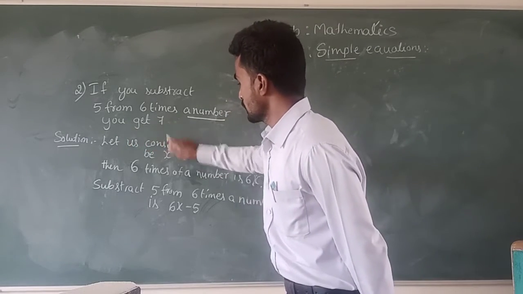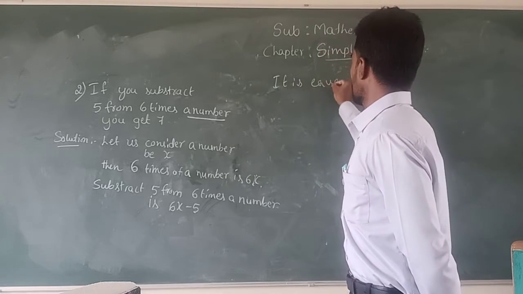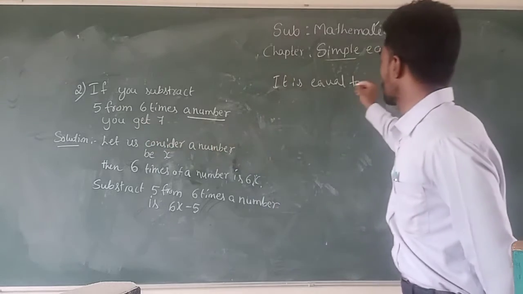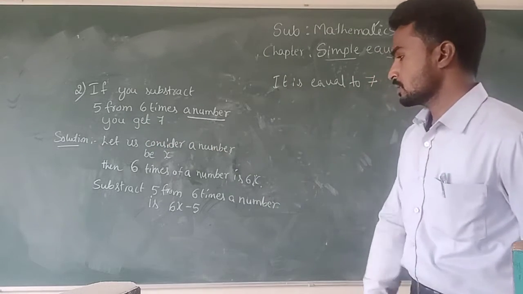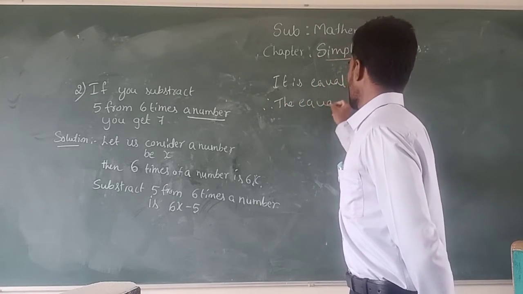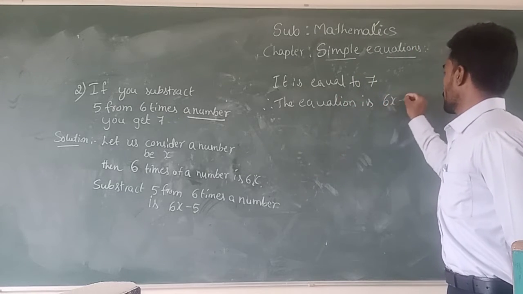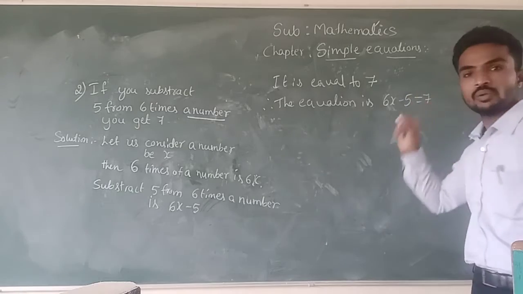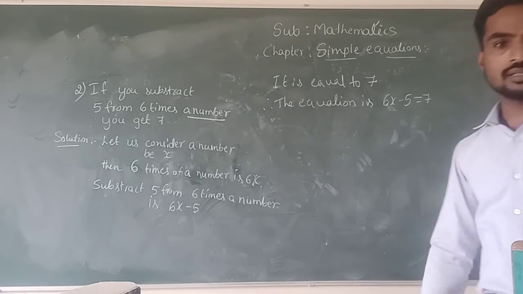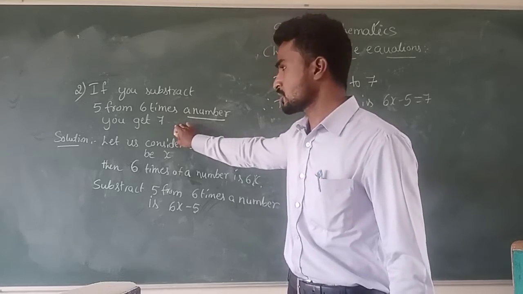You get 7 means that it is equal to 7. Therefore the equation is 6x minus 5 is equal to 7. This is the equation form of this statement.